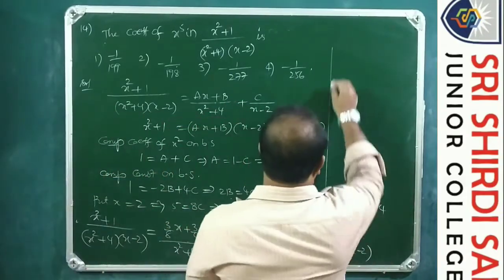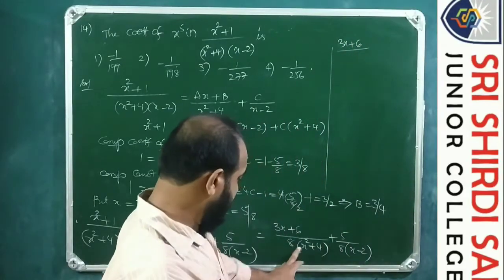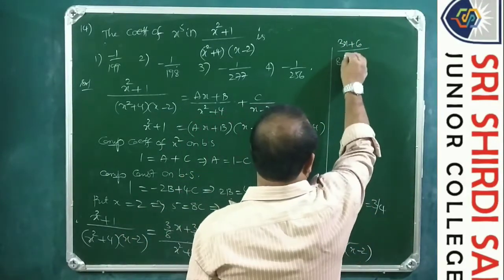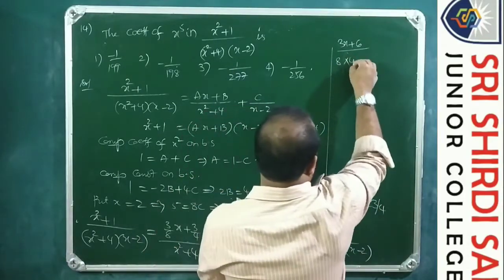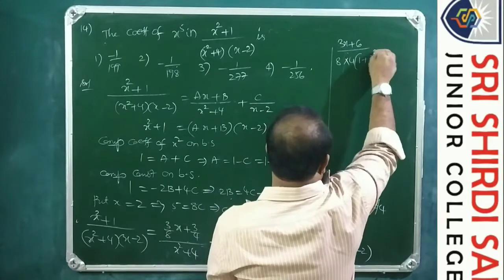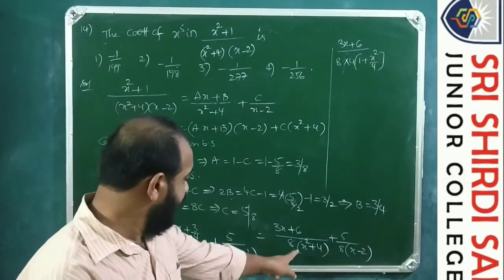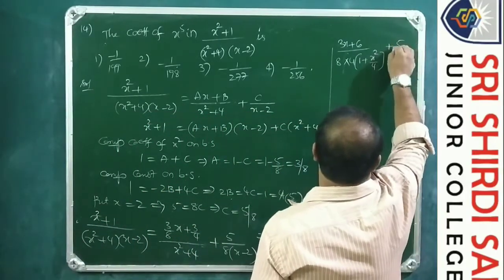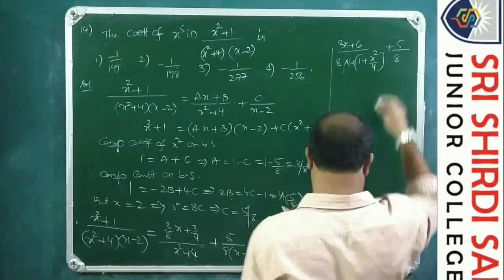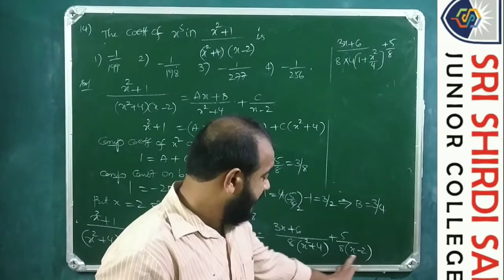So this is equals to (3x plus 6) by 8 into, take 4 in common, then 1 plus x square by 4, plus 5 by 8 into (x minus 2). So this is 5 by (x minus 2).